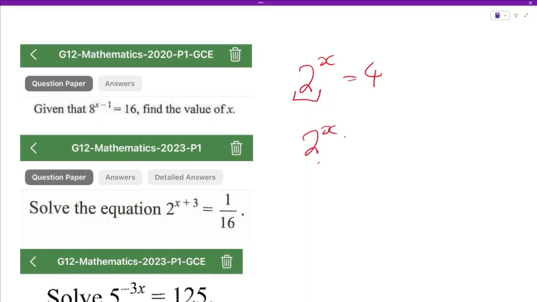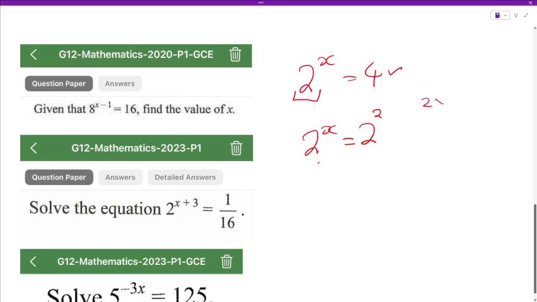So I'm just going to say 2 to the power x. And then we said the goal should be to make sure that the bases on both sides of the equal sign are the same. So now the right side must also be base 2. Then your question should be, what power should I put here? All you have to do is ask yourself, how many times should I multiply this 2 by itself to give me a 4? You will notice that you can only do that twice.